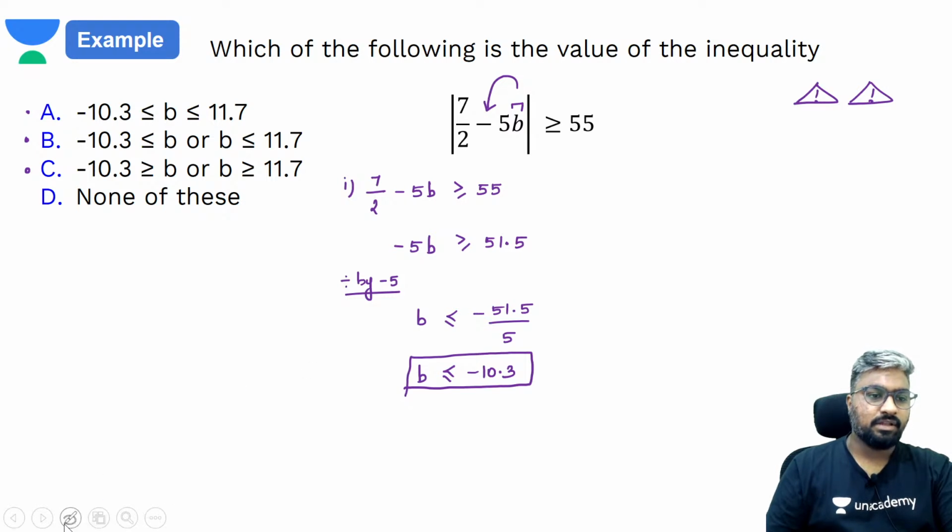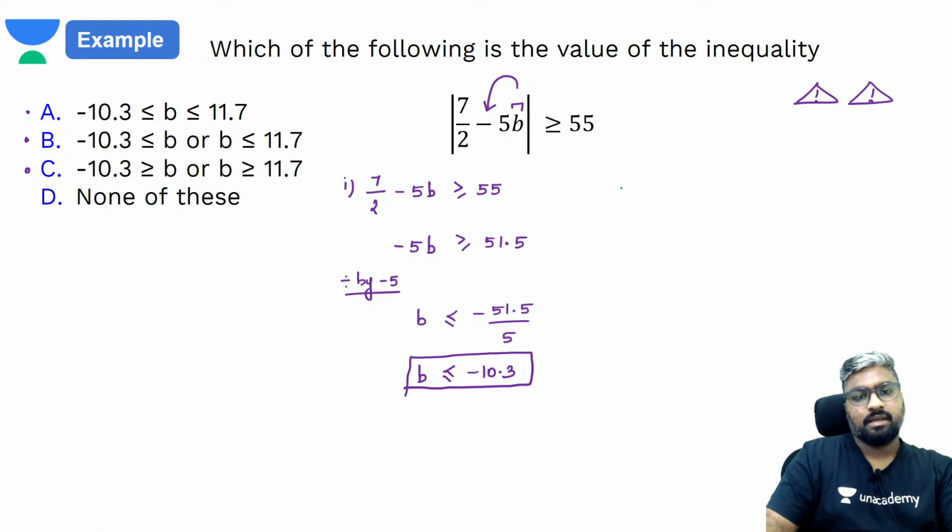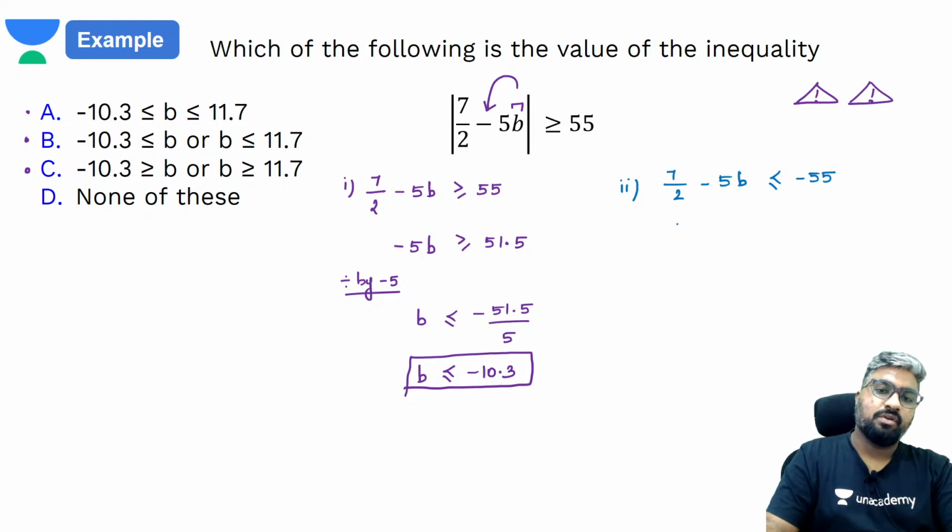Yes, same way for the other type. Second case में क्या हो जाएगा? 7/2 minus 5b, sign flip, negative -55. So you will get subtracting 7/2 on both sides.